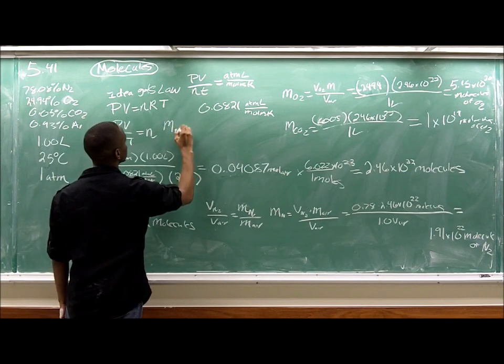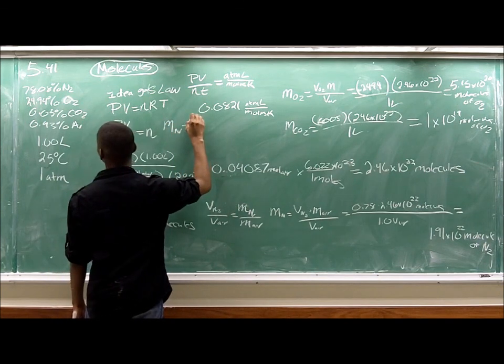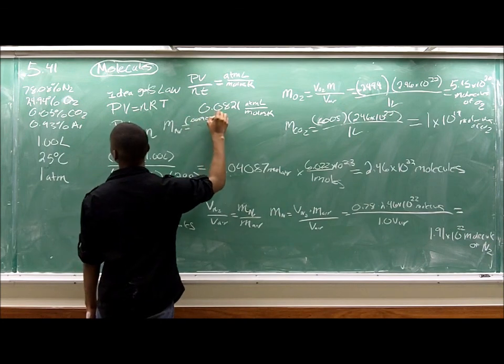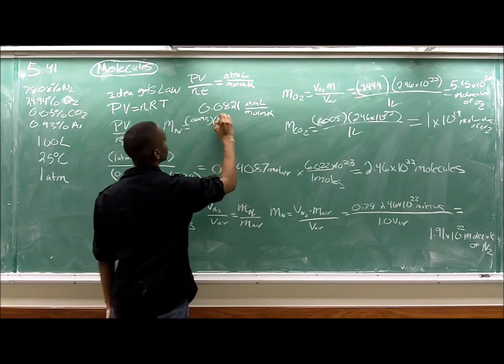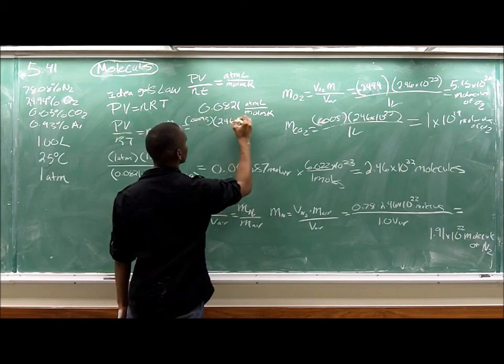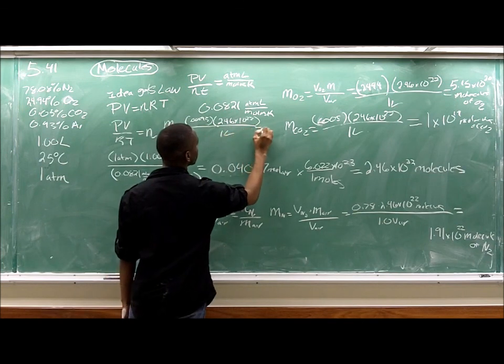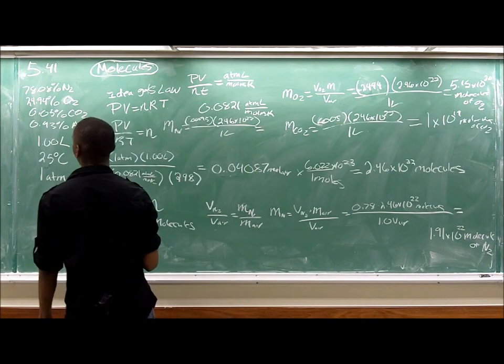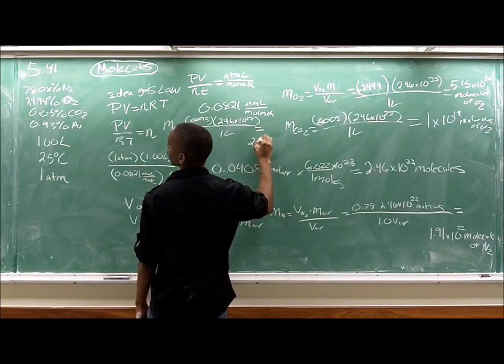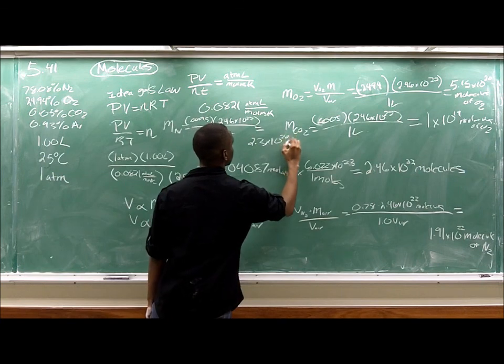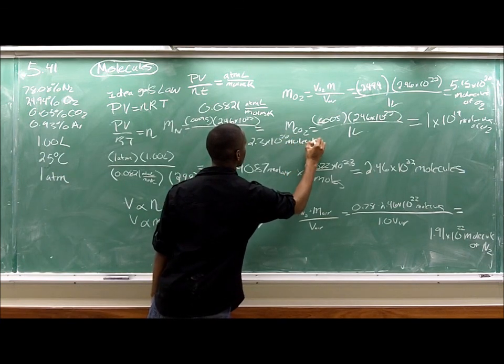Molecules of argon is equal to the volume of argon, which is 0.00093, times molecules all over 1 liter, which gives you 2.3 times 10 to the 20th molecules of argon.